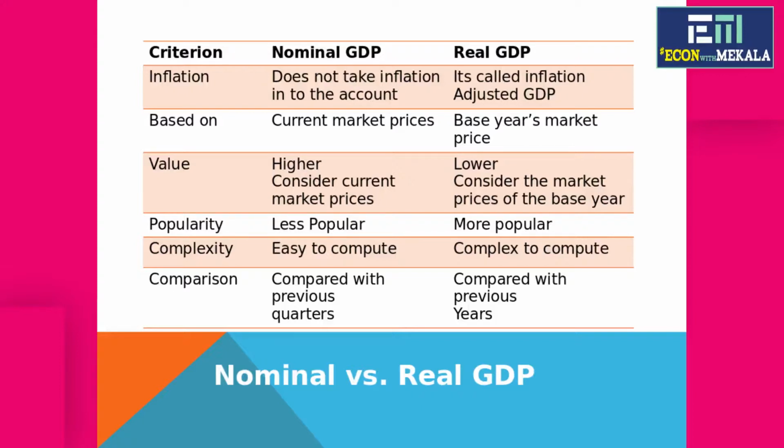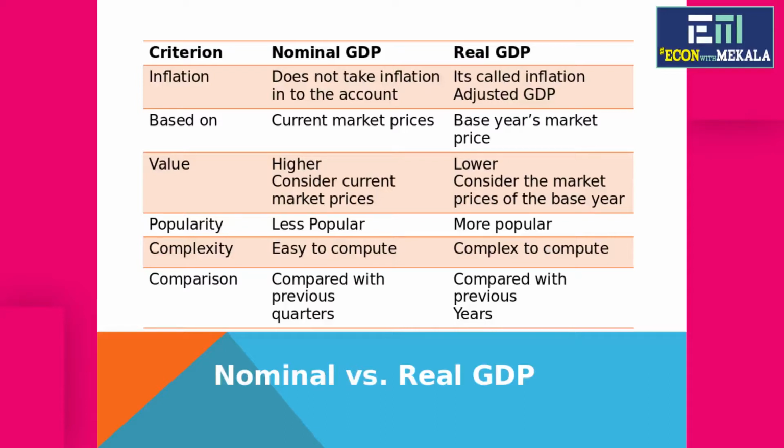Because nominal GDP considers current market prices, it is usually higher. Real GDP is lower than nominal GDP because it uses the market prices of the base year. Among academics, governments and users of GDP statistics, nominal GDP is less popular compared to real GDP.